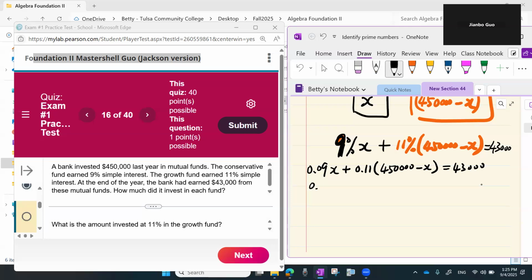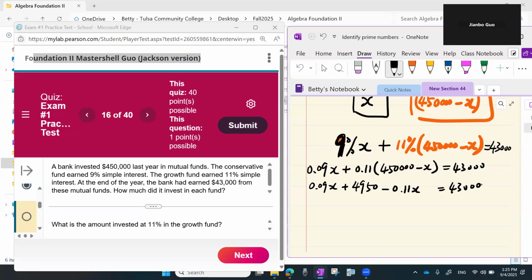And distribute 0.09x plus 0.11 times 450,000. We can use a calculator to figure that out. 45,000 times 0.11. 49,500 minus 0.11x equals 43,000 on the right side.